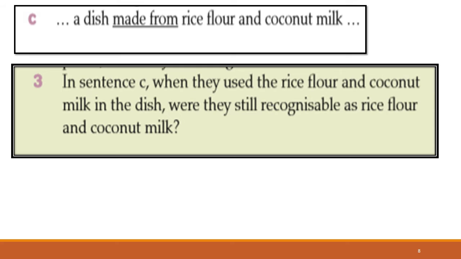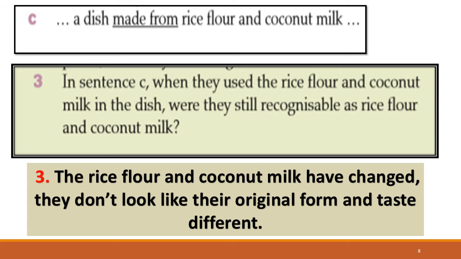You know them later after making this dish? This is rice flour and this is coconut milk? No. Why, girls? Because the flour, rice flour and coconut milk have changed. They don't look like their original form and taste different. That's why I said made from.